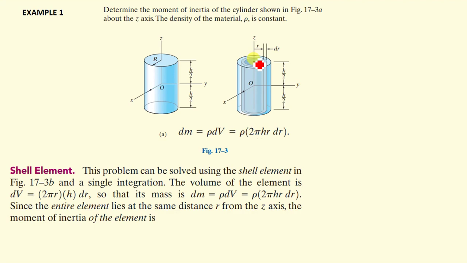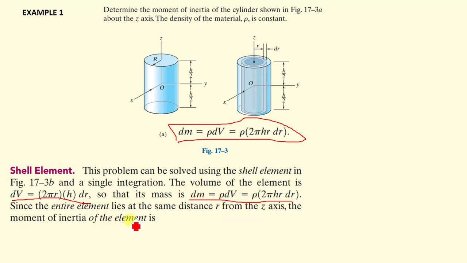So the volume of the element dV is just given by this. Remember, on the shell element we said dV is just 2 pi r h dr, so that its mass dm is this. The mass is equal to that, which is dm equal to rho dV. You remember this, we derived these formulas.